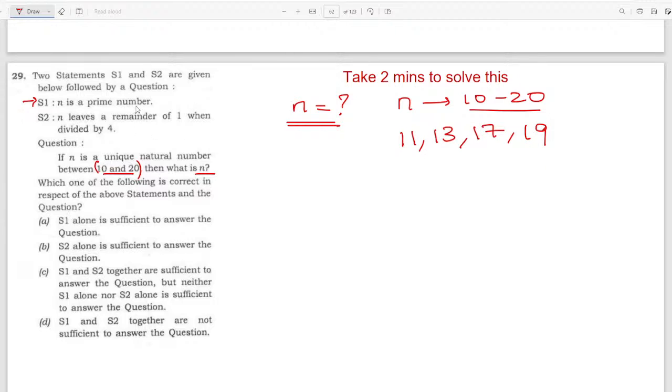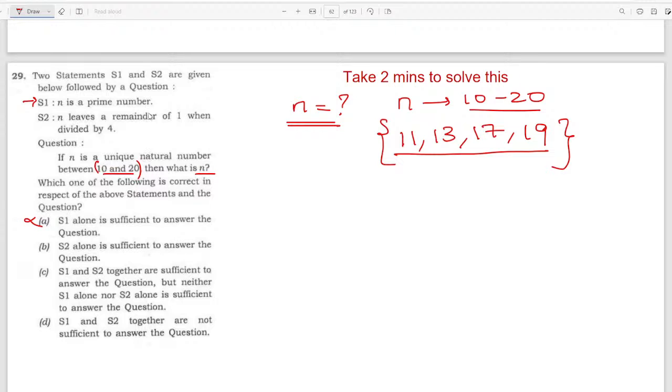Just using statement 1 and the question stem, we have shortlisted these 4 numbers, but we still don't know which one is n. We clearly cannot say which one is n. n can be 11, 13, 17, or 19. So statement 1 alone is not sufficient.